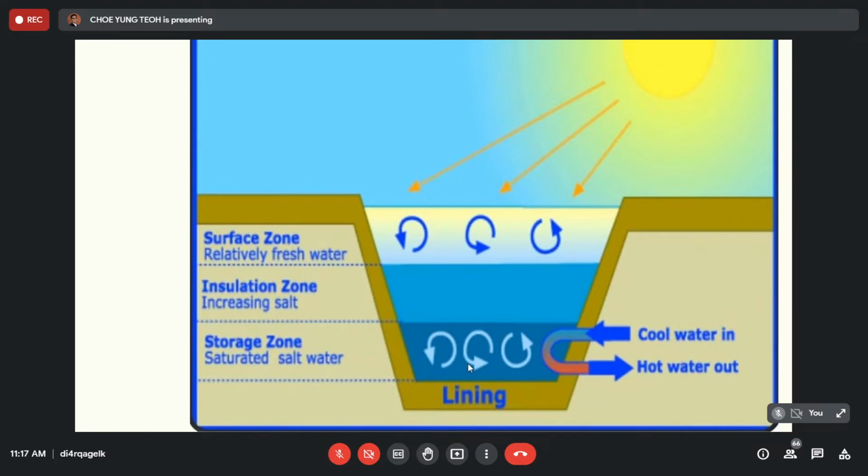but you will have heat loss due to convection and conduction. As long as you have contact with others, you have conduction. We cannot do anything about that unless you make everything a vacuum, so there's no contact and no heat loss due to conduction. But in this case, this is a very low-cost solar energy capture, so we are not able to block the heat loss due to conduction.